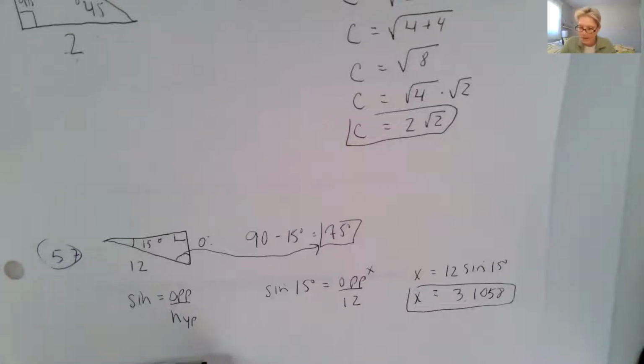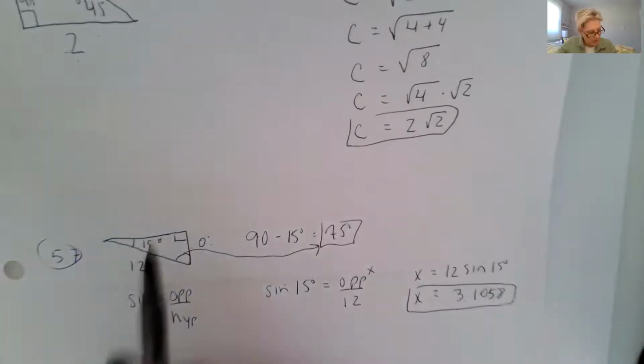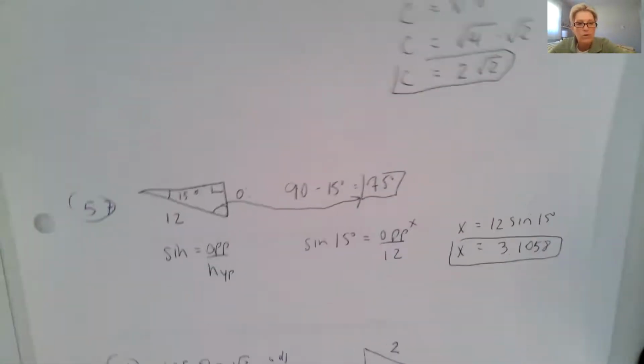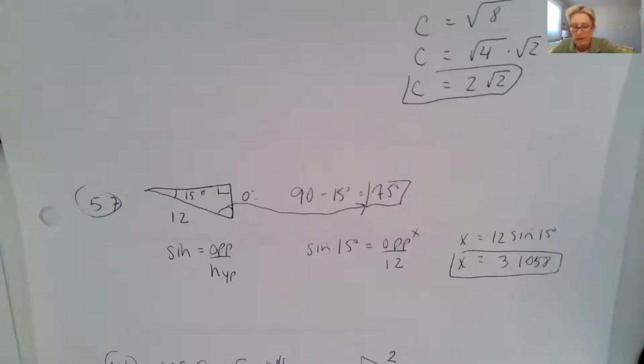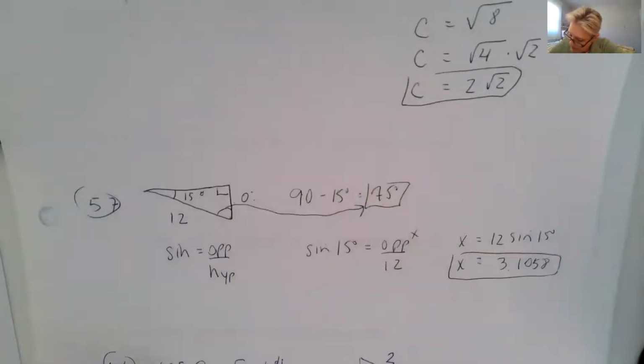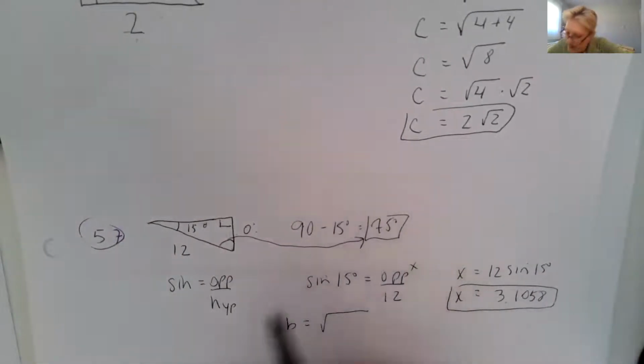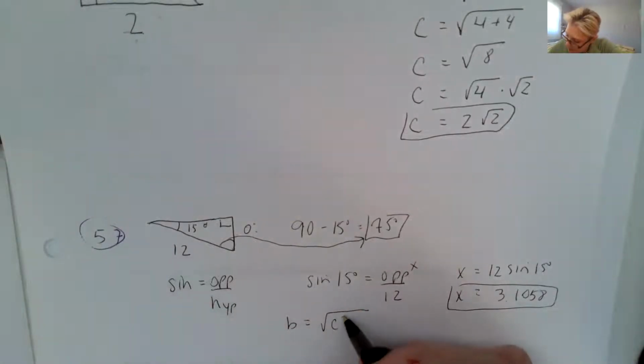3.1058. And then we can find the other side by doing a couple of different things. We can use the Pythagorean theorem, because we know side b is the square root of c squared minus a squared.